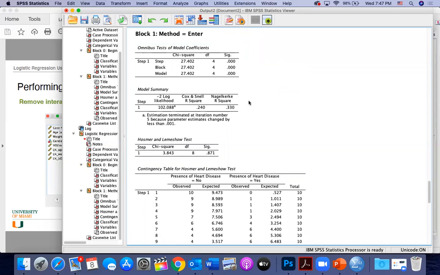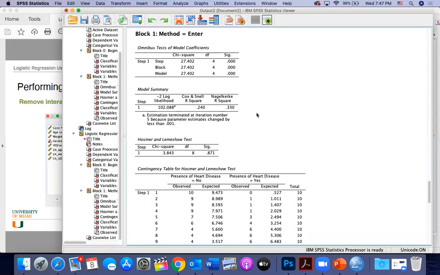Okay, so the second table, the model summary table, serves like the R-squared in the multiple regression model. If you remember, in the linear regression model, the R-squared served as the variance explained by the model.